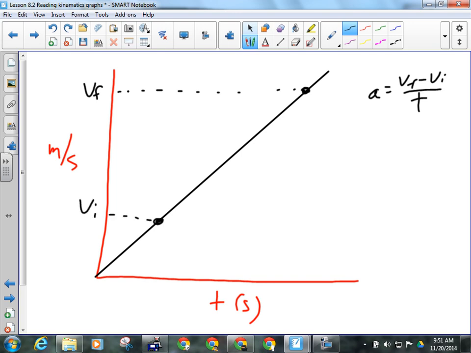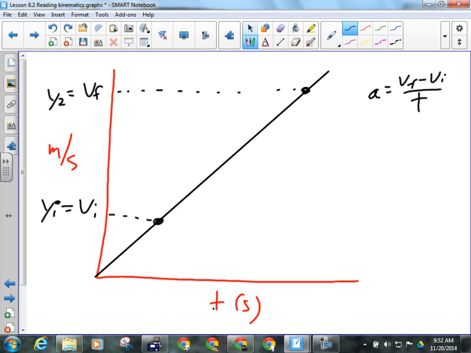Could I say that y2 equals vf and y1 equals vi divided by time? Is that rise over run for this graph? Yeah. Okay. You can calculate acceleration from this graph because acceleration is the change in velocity divided by the change in time. And that's what the slope of this graph shows, change in velocity divided by change in time. Everyone with me on that?